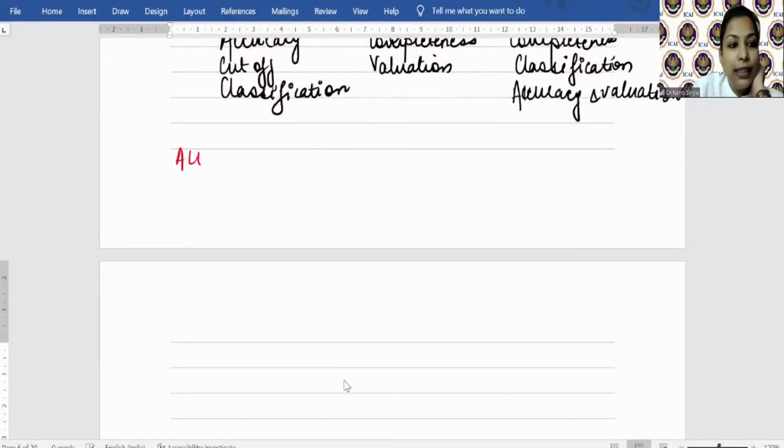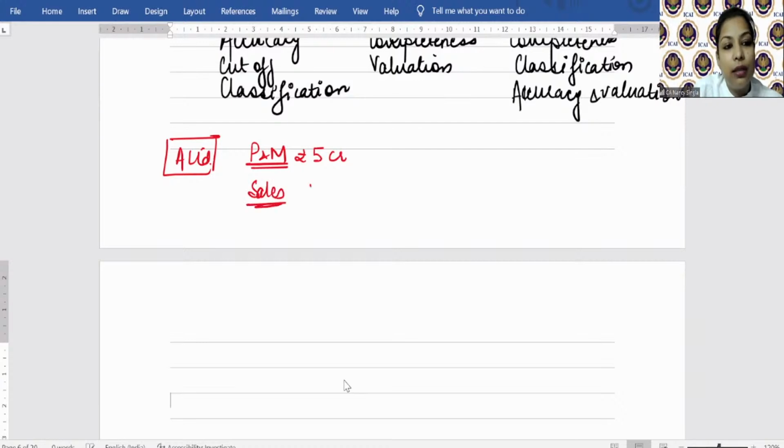Look, let's say there is one company A Limited, right? It is having plant and machinery, let's say at rupees 5 crore. Okay? Sales during the year were there, let's say for rupees 1 crore. Okay?